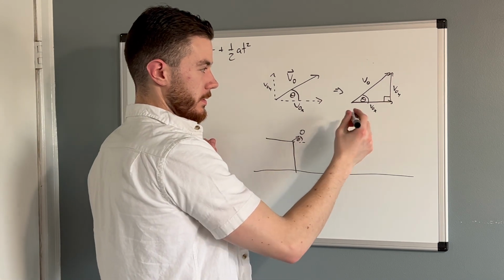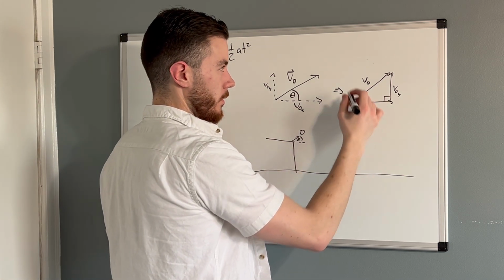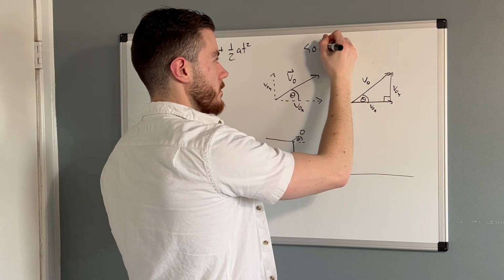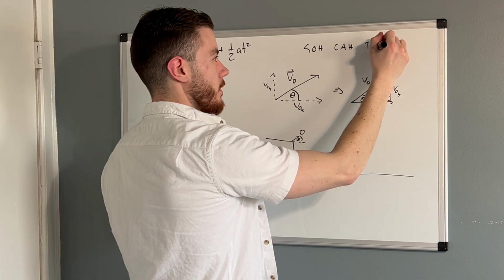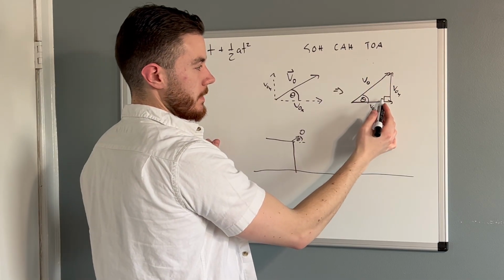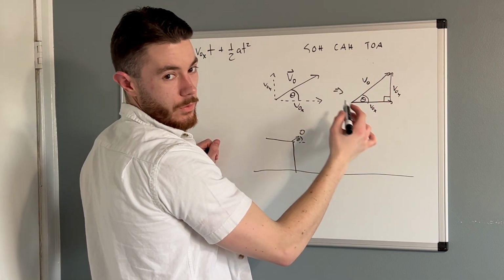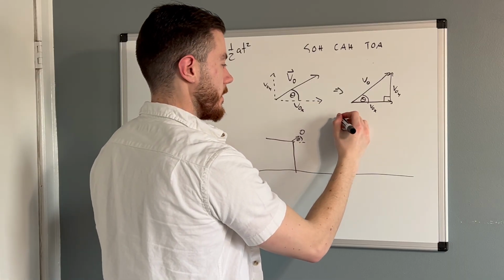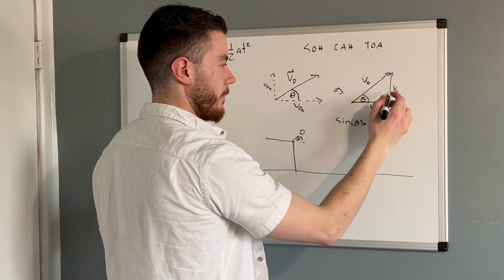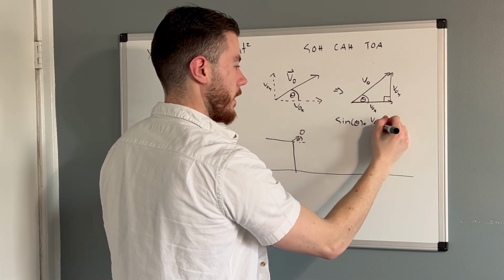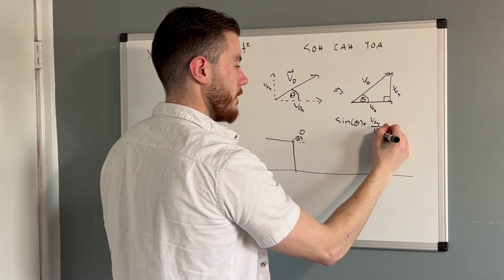Remember SOHCAHTOA: sine is opposite over hypotenuse, so sine theta is equal to opposite v naught y over the hypotenuse v naught.